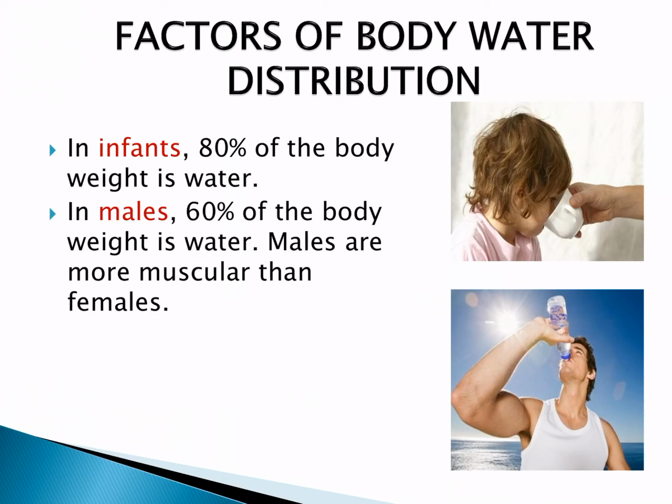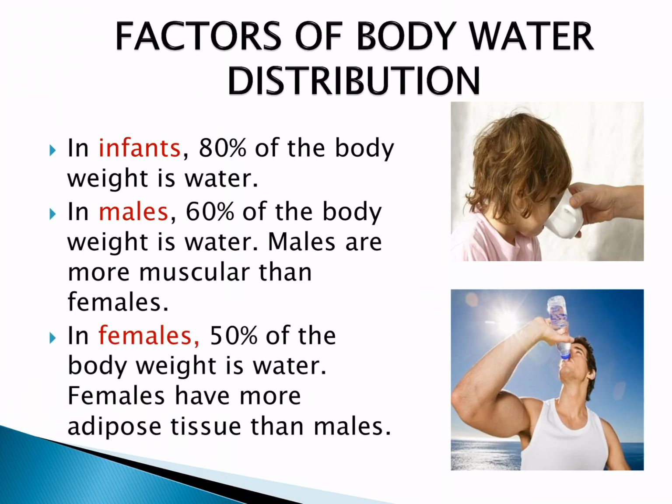So remember, muscle cells can hold water, they can retain water. That is why males have a greater amount of water as compared with females. In females, they only have 50%. 50% of the body weight is water.